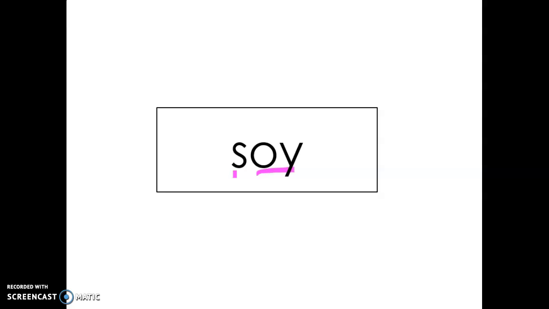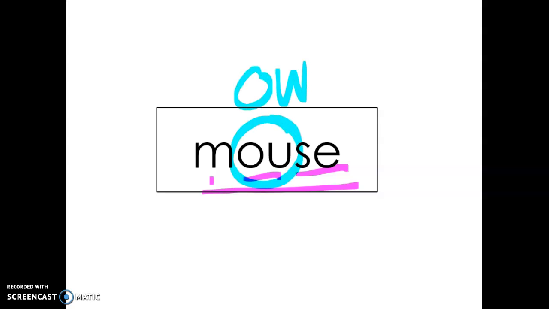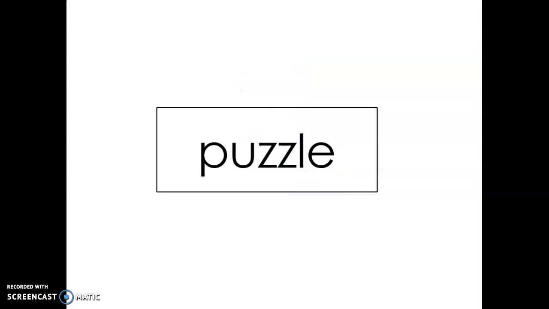Think. Say, think. Say, if you remember from last week, we talked about OU and OW, and they say ow. So we have ow. Next word, think. Say, the word is puzzle. Think. G is followed by E, so it says j.